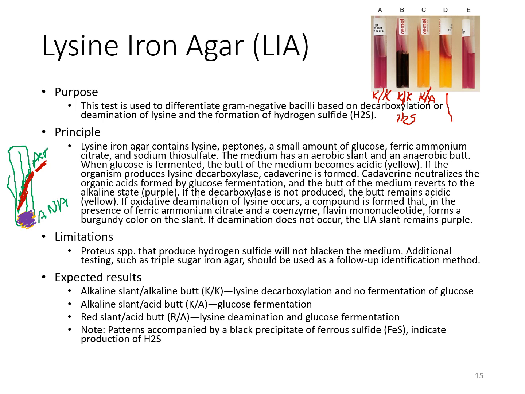And then with D, this one has turned red, and then you have an acidic butt. With that, it has lysine deamination, and it has glucose fermentation as well. And then this last tube is no change, it's not inoculated. So this would be what the tube would look like when you start.